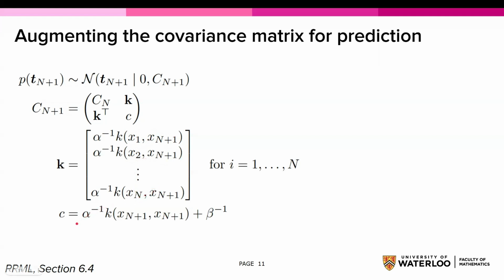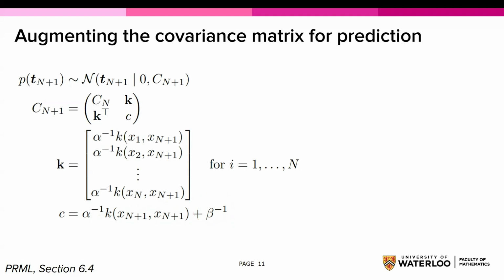And the value of c is the variance of the new test point, also incorporating uncertainty about this point. The key takeaway here is that with this augmented matrix, we've absorbed the test point into the model.